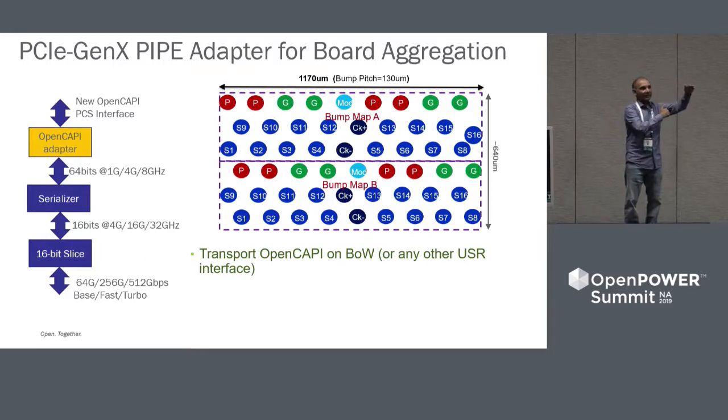If you had the interface abstraction, then an OpenCAPI MAC layer would find a way to work with the short-reach SerDes, short-reach PHY, short-reach BoW interface, whatever your short-reach interface of choice is. So we feel that if you have this interface abstraction, there's a very clean path for package to board integration and how to save power on the package to board integration.